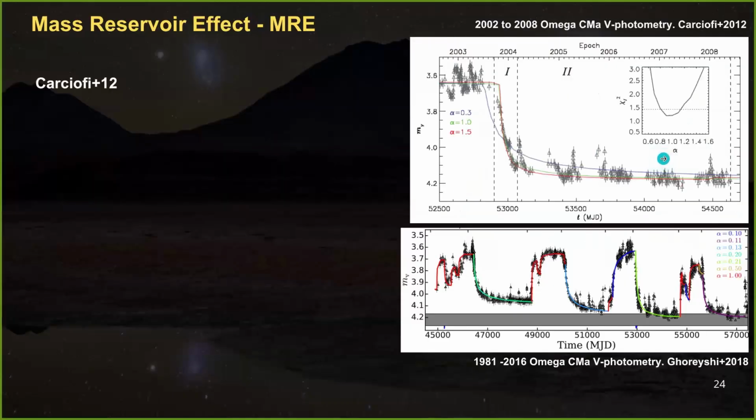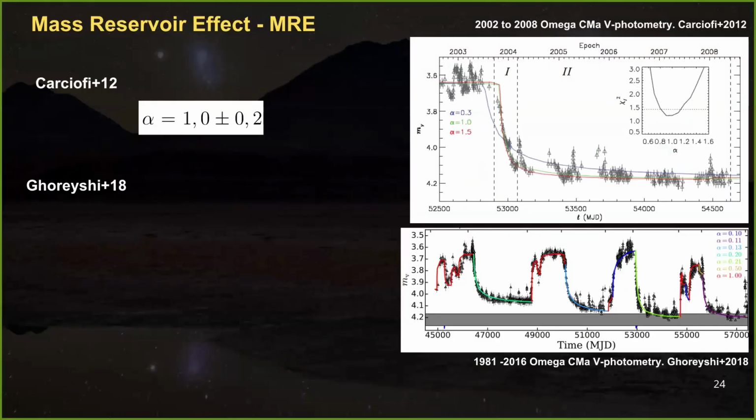The first study, Carciofi 2012, of this star was the first study to determine the viscosity parameter of a B star disk. But at the time, the mass reservoir effect was unknown. So Ghoreyshi took this into account, allowing a variable viscosity parameter, and found a much smaller viscosity for the very same star as Carciofi 2012.